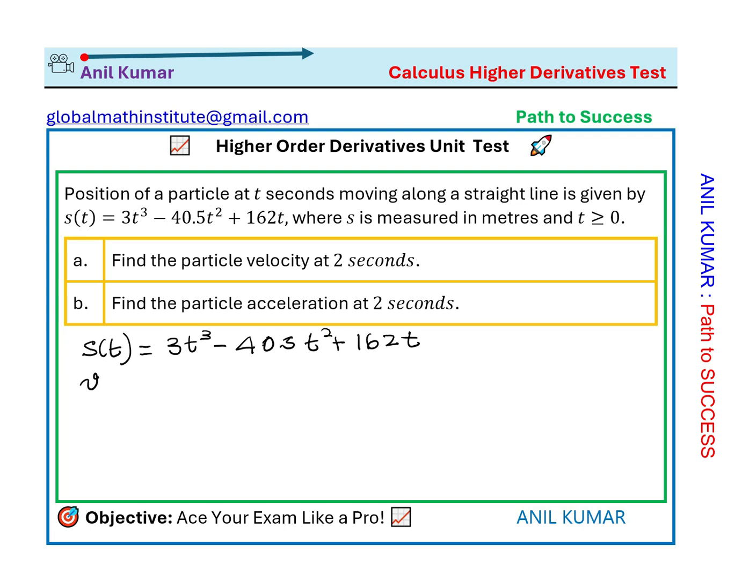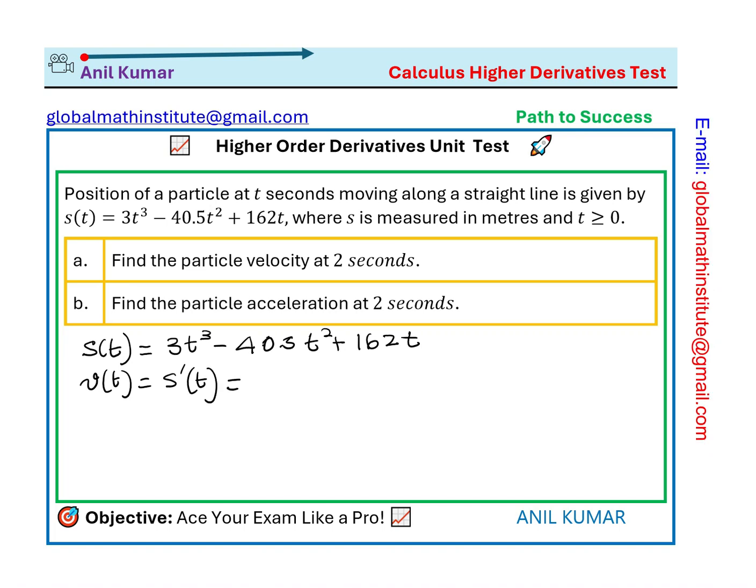Find velocity, which is the derivative of displacement, the rate of change of displacement. So 3 times 3 is 9t squared, minus 2 times 40.5 is 81t, plus 162. From here, we can find the particle's velocity at 2 seconds, right?